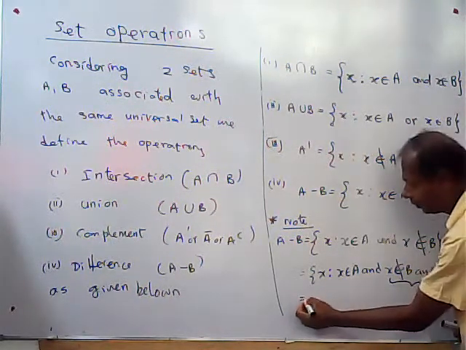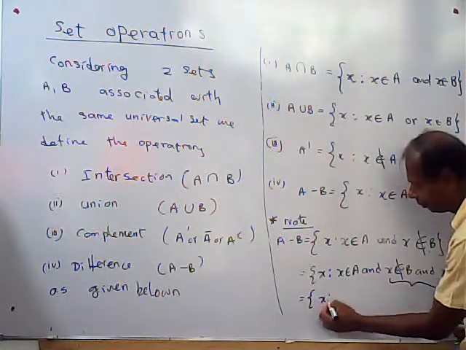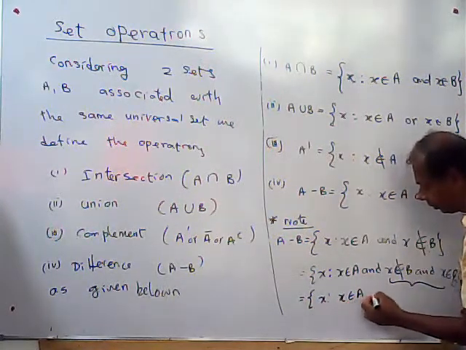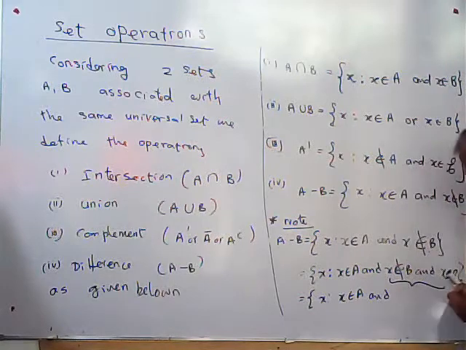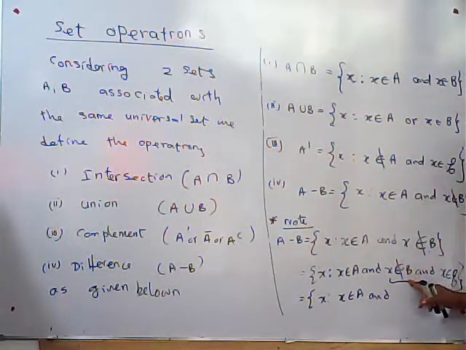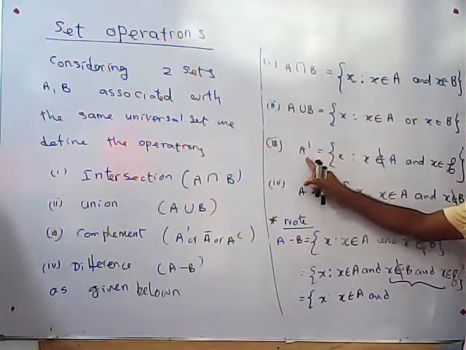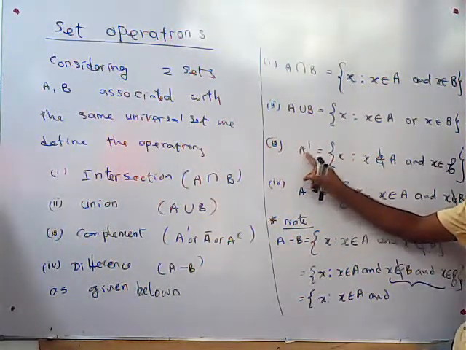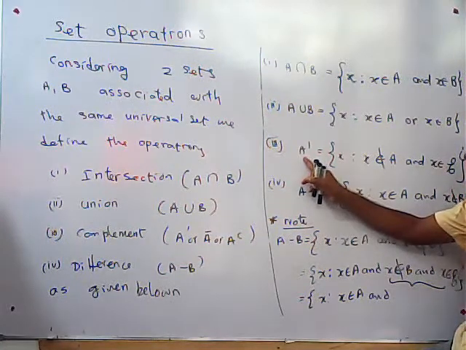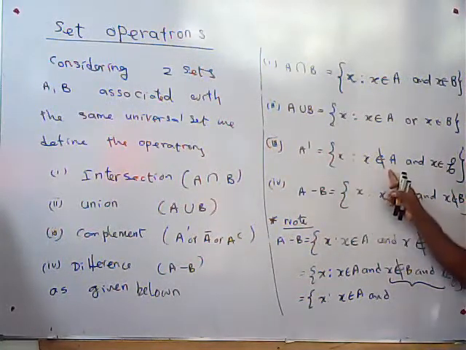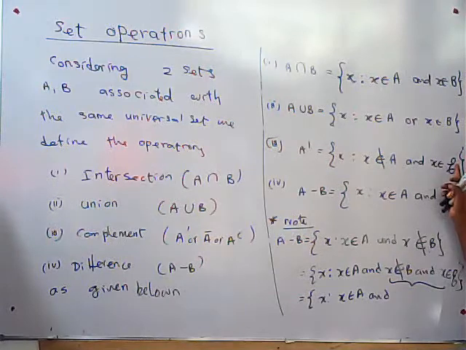So what is that? x belongs to A, and x is not an element of B but is in the universal set. Look at the way we define the complement: x does not belong to A and it's an element of the universal set.